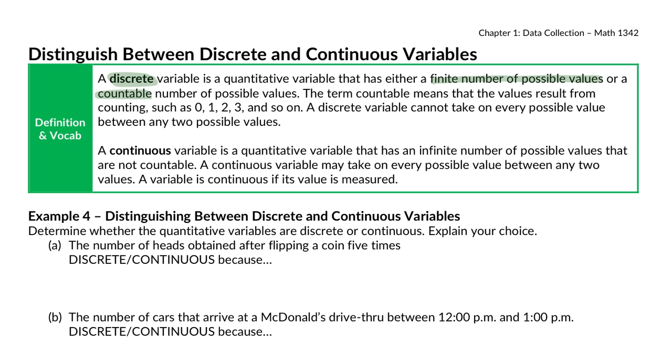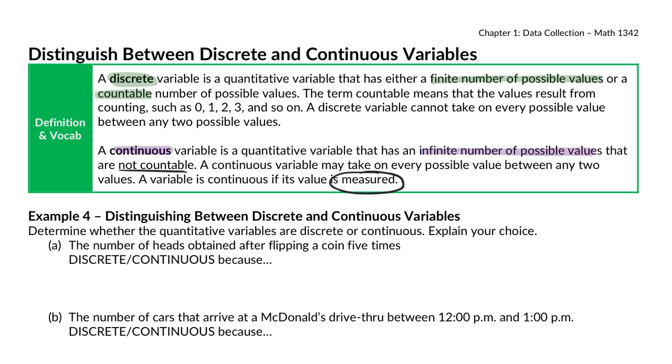On the other hand, a continuous variable is a quantitative variable that has infinite number of possible values that are not countable. In fact, we're going to measure things, and those are going to be continuous variables, things that can be measured. So the difference is discrete, countable, continuous, measurable.